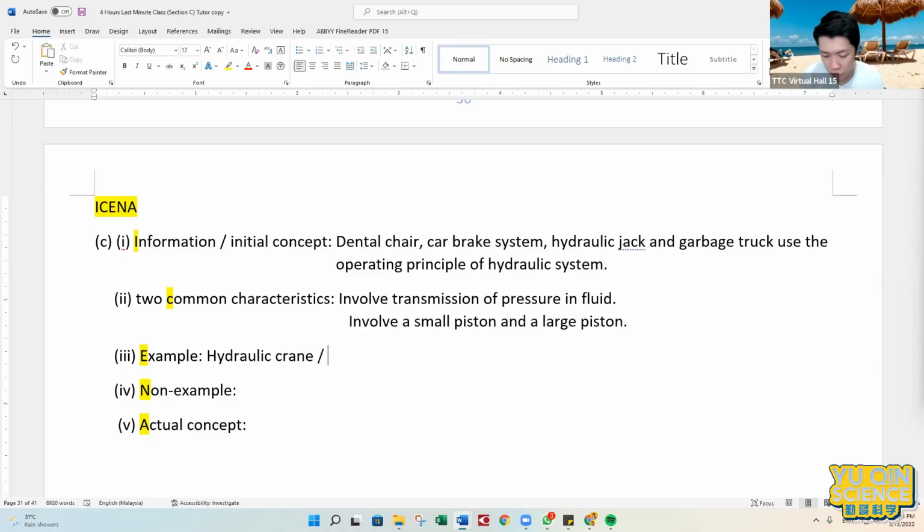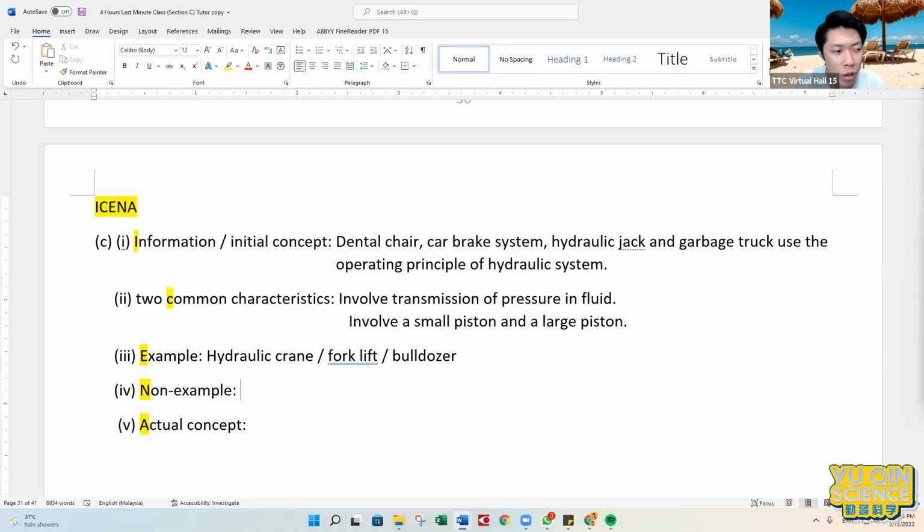What else? The one in the IKEA, they used to lift up things. That's called fork lift. What else? Bulldozer. All the big machine. Okay. Can. There you go. That's more than enough. You need 1 for that.